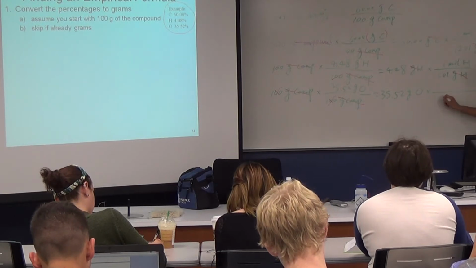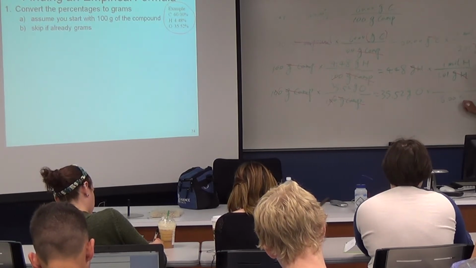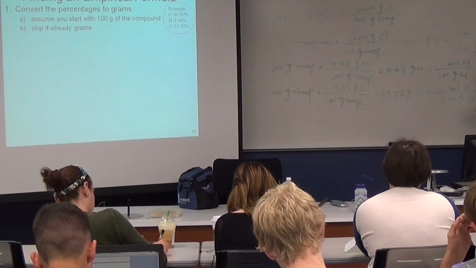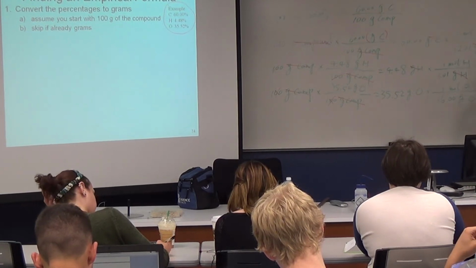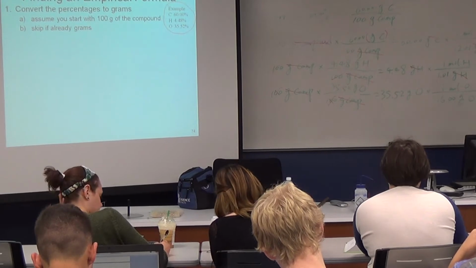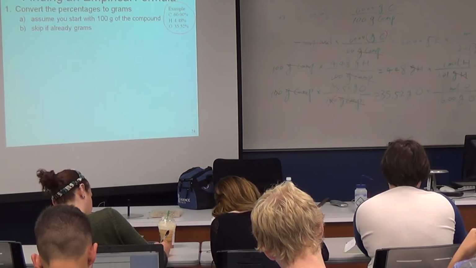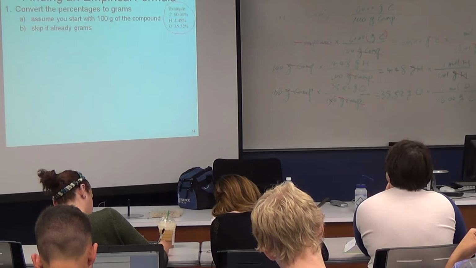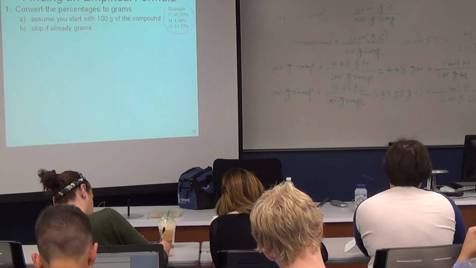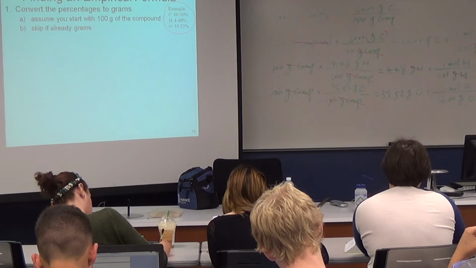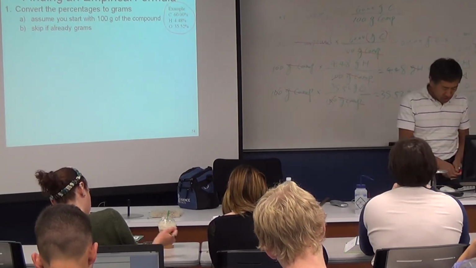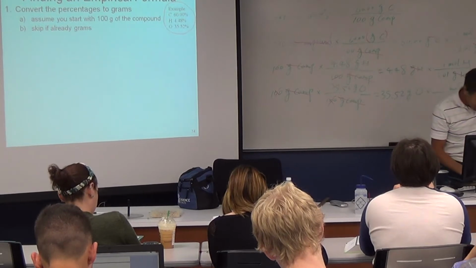So therefore you have 16.00 gram of O and 1 mole of O. And you do a very similar calculation, you get 35.52 divided by 16, and you get 2.22. So 2.22 mole of O, right? So that is about this step, okay? And I think I did a few steps together.